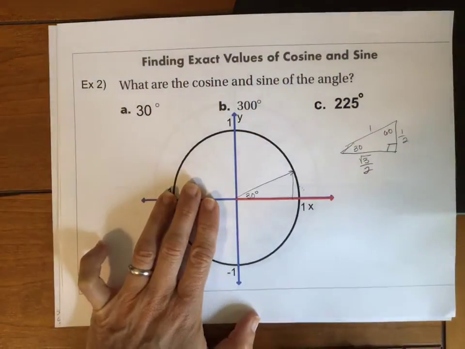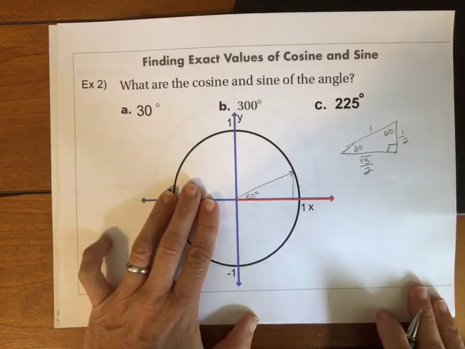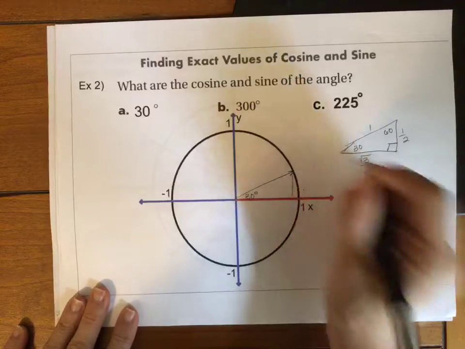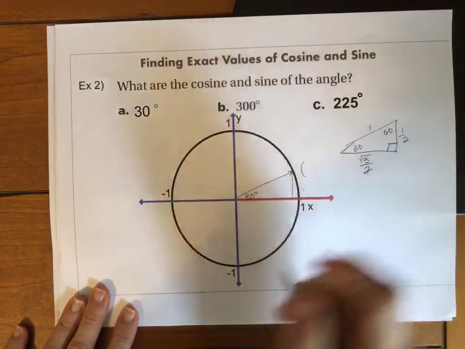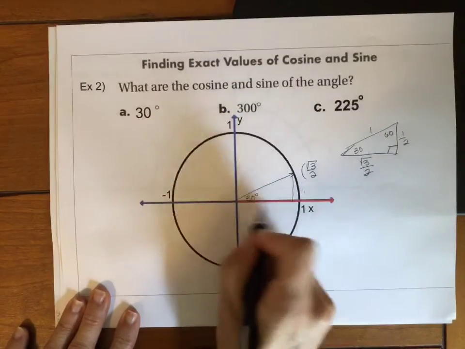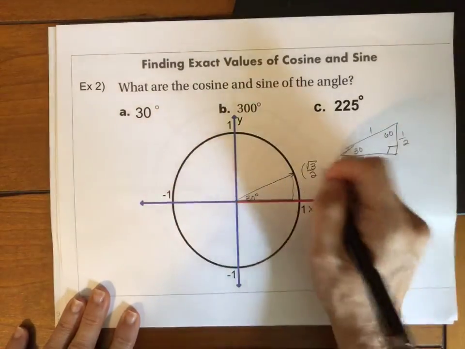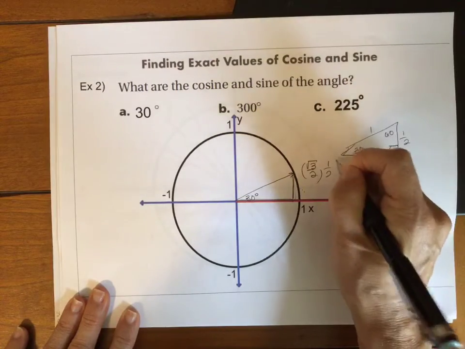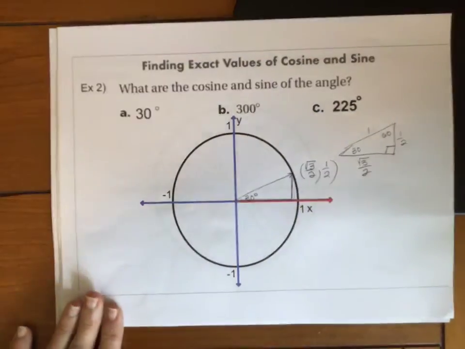And this is just going to be 1. That's why we went through that whole lesson on exact ratios. So my point here, my x is going to be √3/2 because you can see the x point is the long side and the short side, which is my y value here, is 1/2. All right, so that's that point.